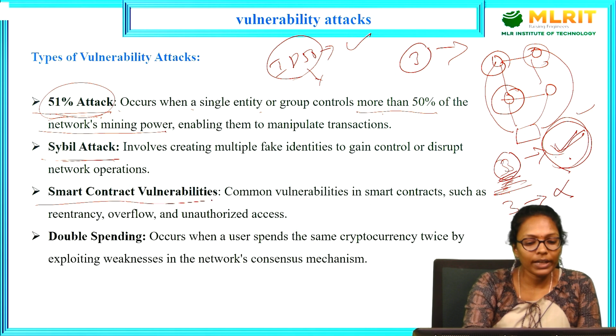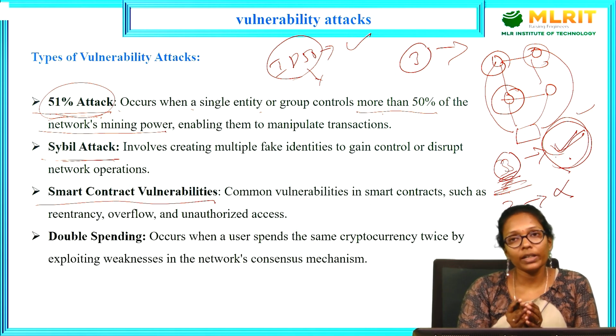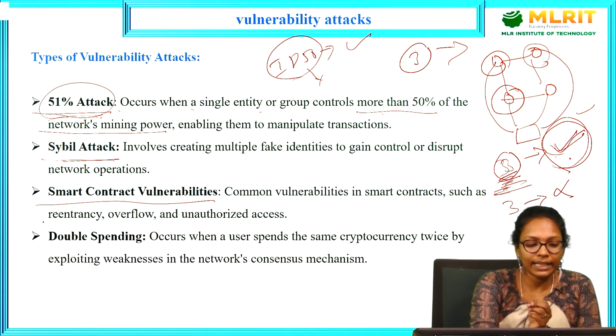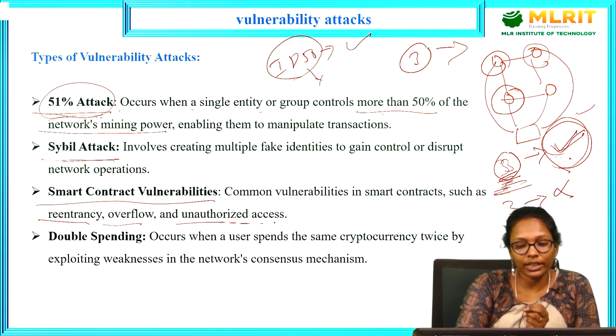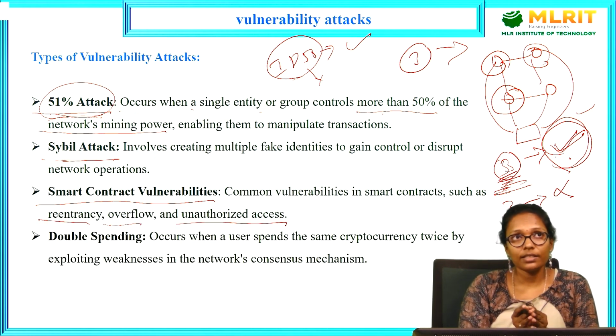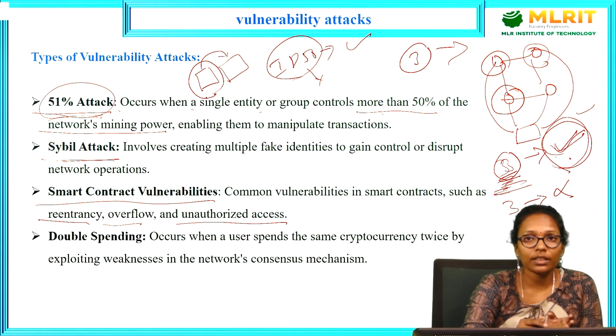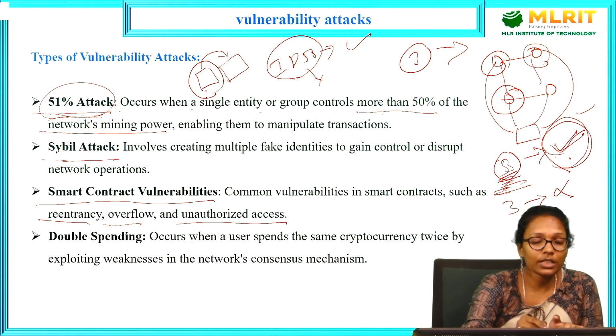And smart contract vulnerability. In smart contracts, just because of the coding, we are getting some vulnerabilities like reentrancy, overflow, and unauthorized access. Reentrancy means, for example, in my contract I'm calling another function or another contract, but I'm not storing the state of this particular contract. So when I go back, where should I go back?